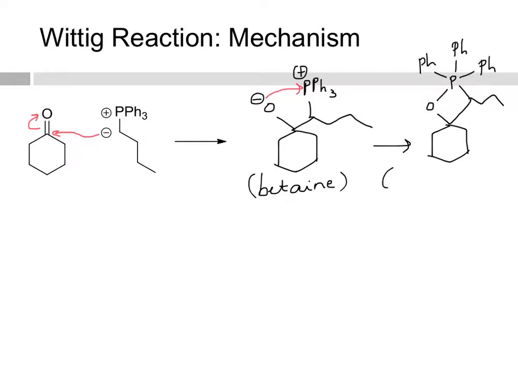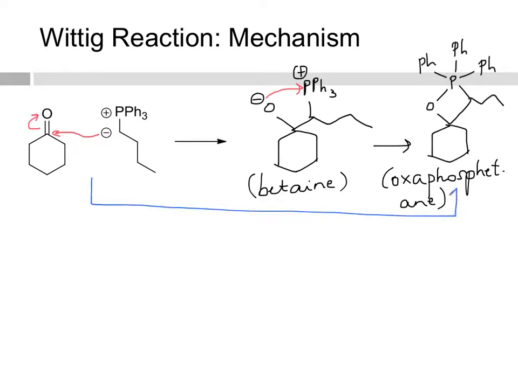This is called the oxaphosphetane. An alternative mechanism can go directly from these two compounds to the oxaphosphetane if there was a concomitant attack of this carbon on the carbonyl followed by this oxygen on the phosphorus.